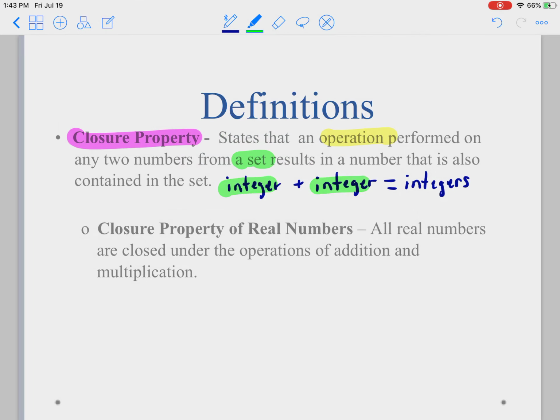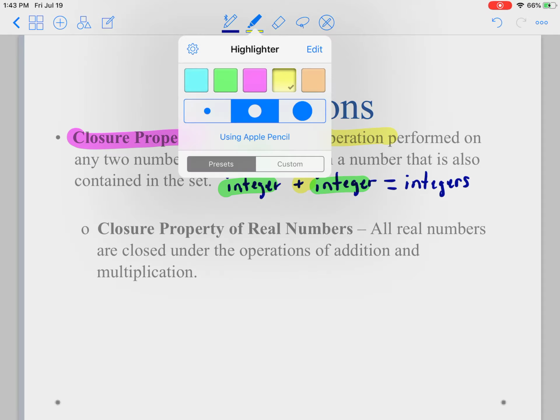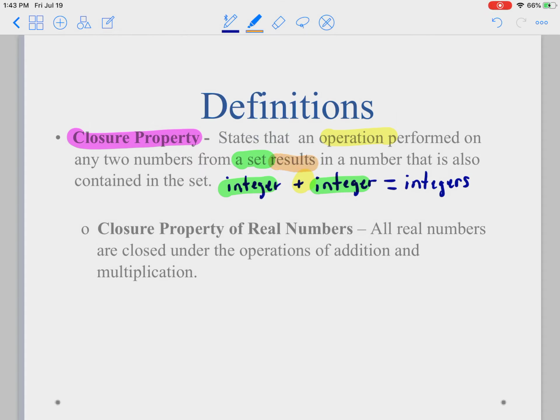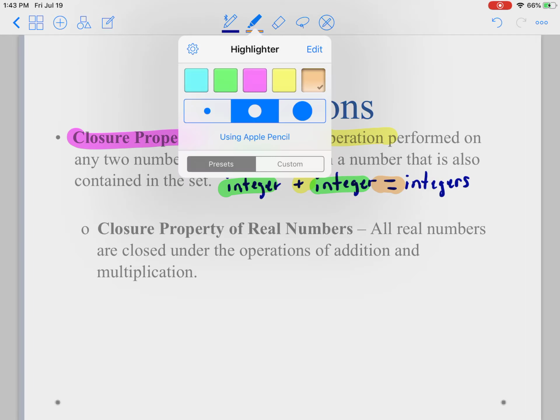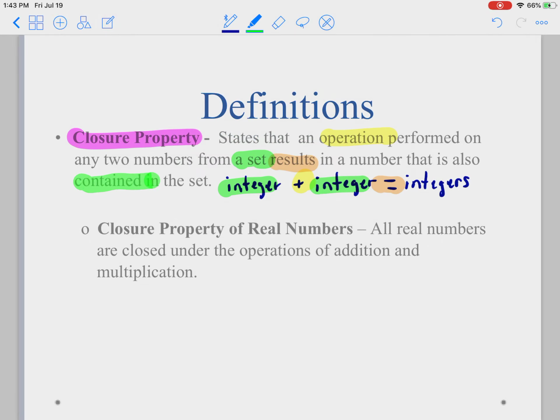This is the example that I'm using. And when we perform an operation, in this case, our operation was addition, the result, and anytime we see the word result, we often tend to think of equals, a number that is also contained in the set. Well, the set that we're working with in this case is integers.